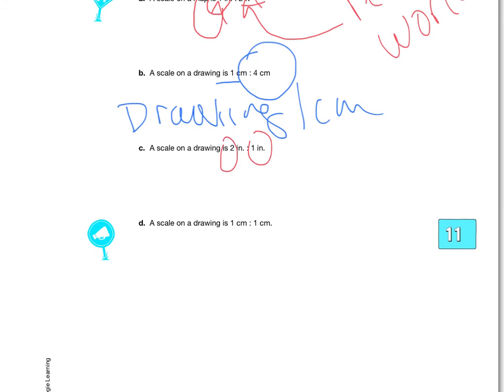So on a scale drawing, where the scale model is 2 inches to 1 inch, that means for every 2 inches on the scale drawing, it's 1 inch in the real world. 2 inches on the model equals 1 inch in the real world. Here we are scaling down. Pause. Write it in your notes. I'm coming back.